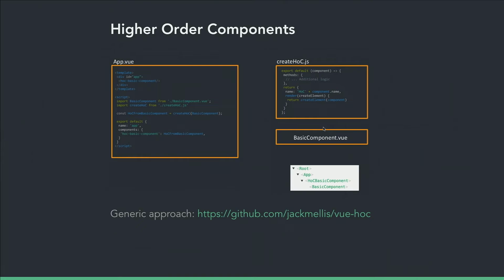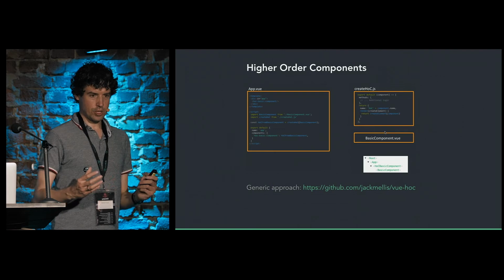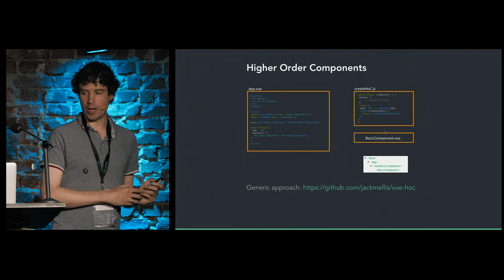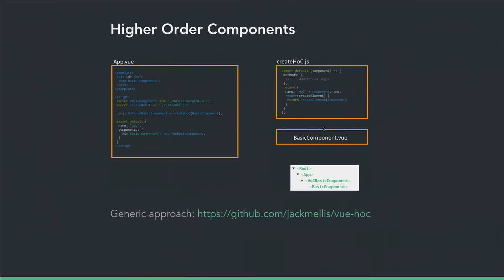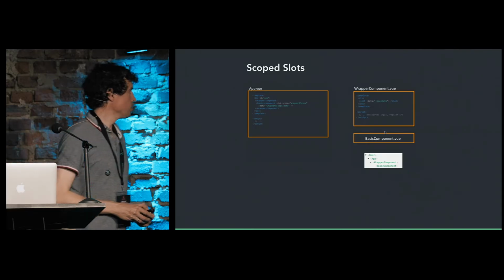You can pass a component in, and the features you want to add to this component, and you get a higher order component back. Have a look there. There's also a linked discussion in the Vue repository with the Vue core team about how higher order components work in the Vue world. Very interesting if you want to dive deeper. But often you have an alternative approach in Vue, which are scoped slots.